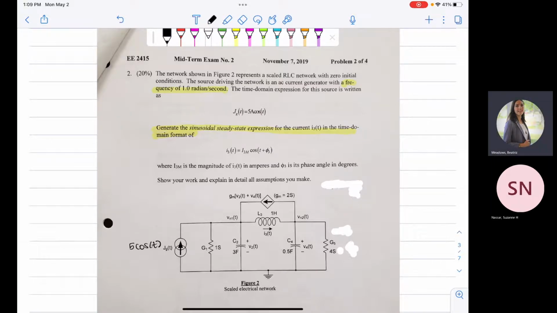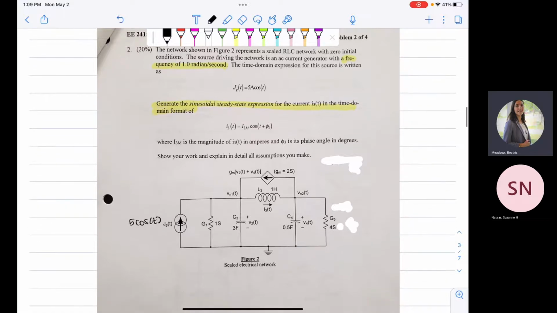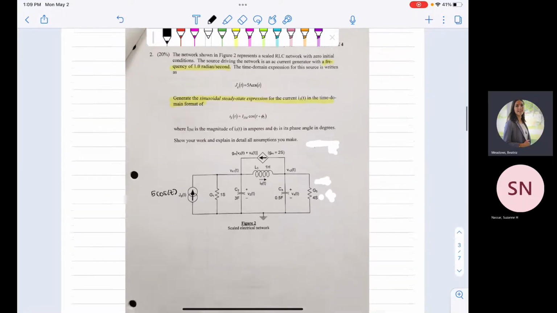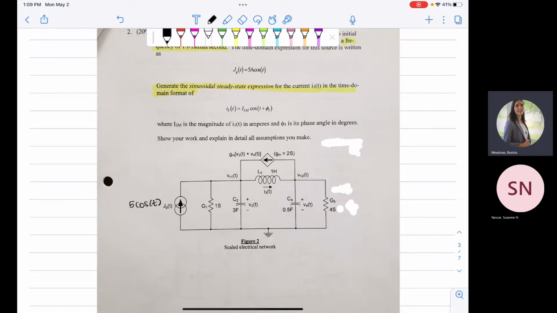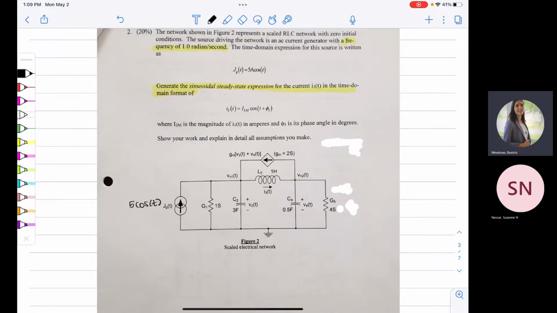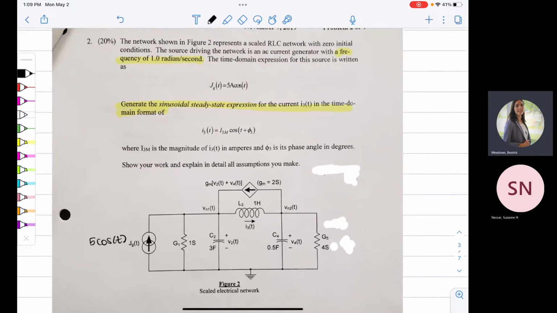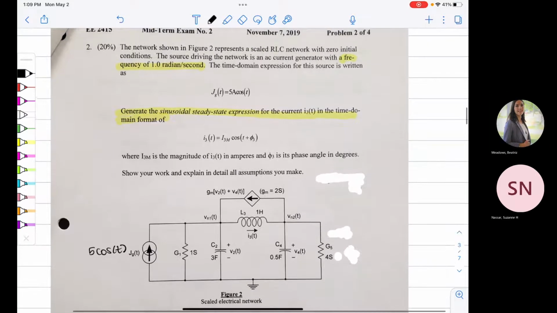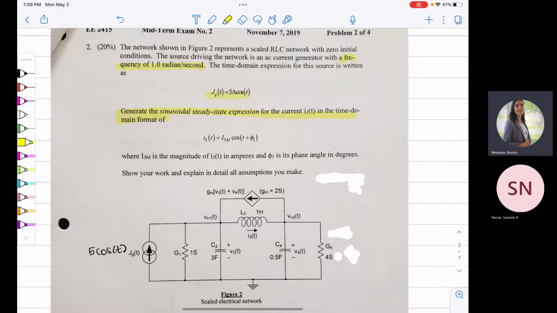All right, are we ready to start? So we determined that it was going to be nodal, right? So what are our nodes here? I tried highlighting what we were given and what we could use.